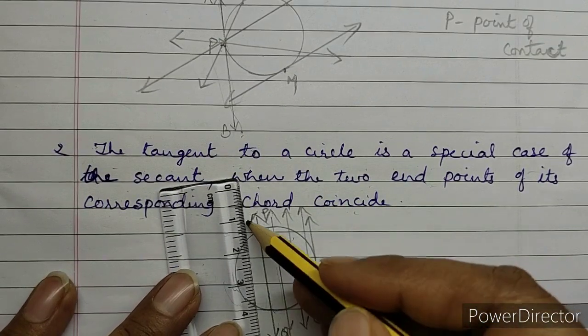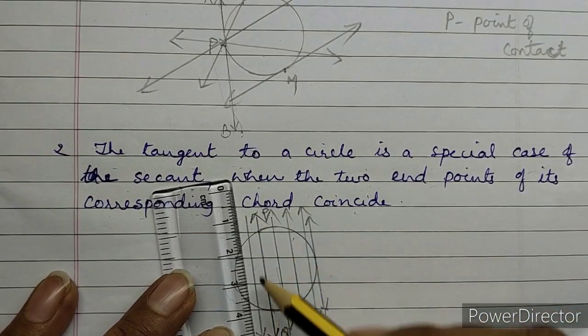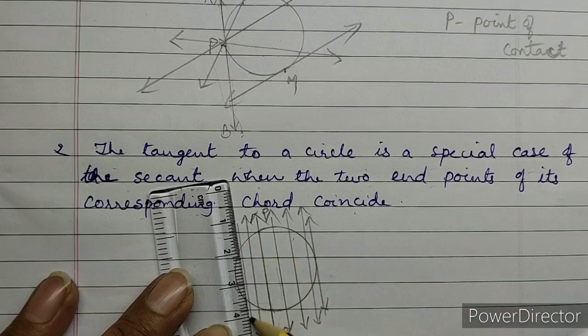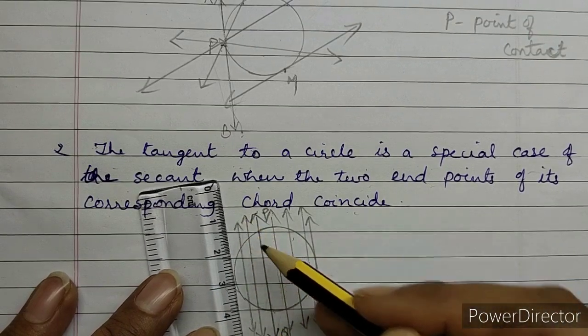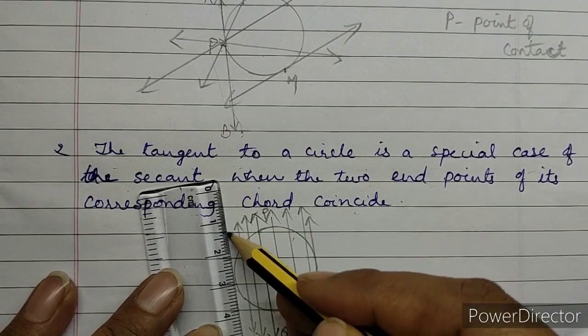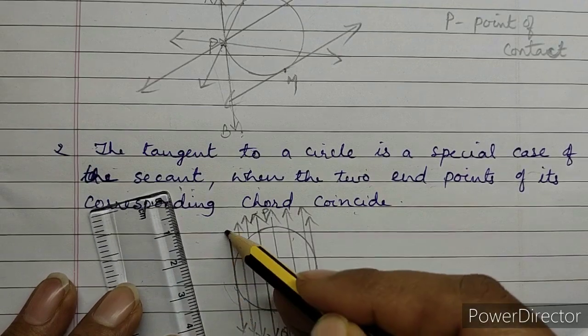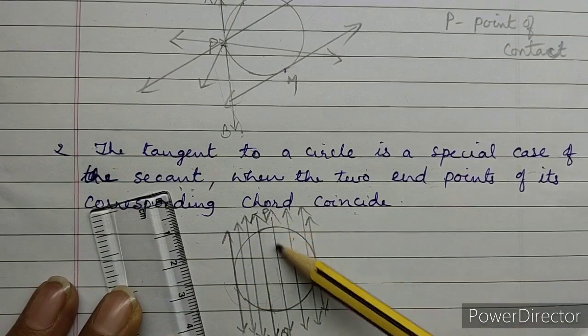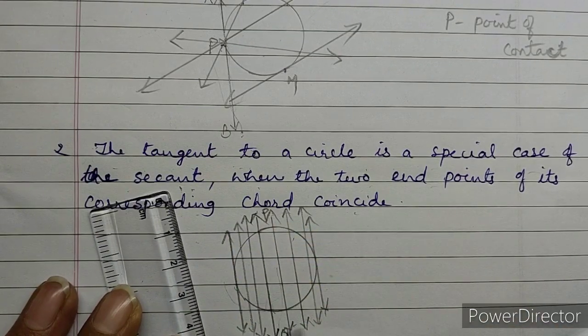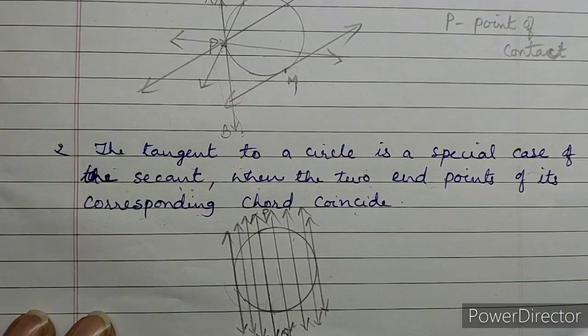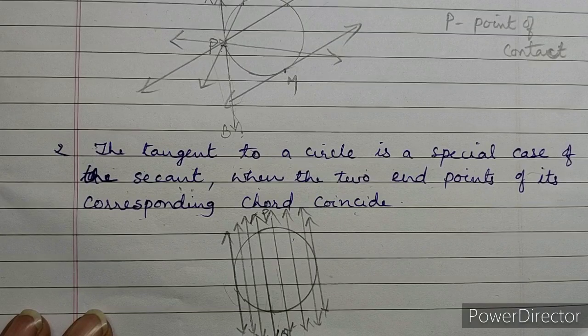This side also you just draw parallel secant, one more parallel secant, then finally it's touching at 1 point. So this is PQ secant we have given. So both the sides we are drawing parallel secants.